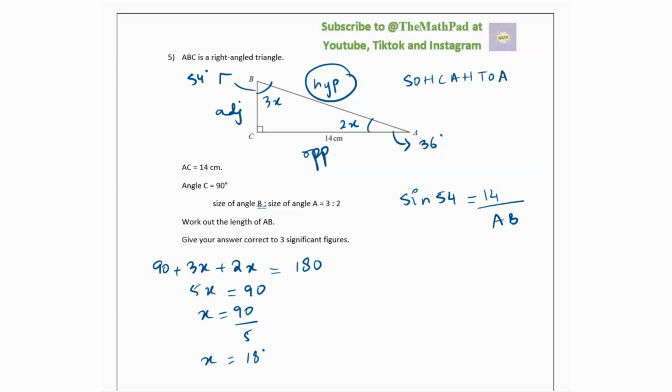Sine is opposite over hypotenuse, cos is adjacent over hypotenuse, and tangent is opposite over adjacent. So AB is going to be 14 divided by sine of 54, which gives us 17.3 centimeters, correct to 3 significant figures. That is your length of AB.